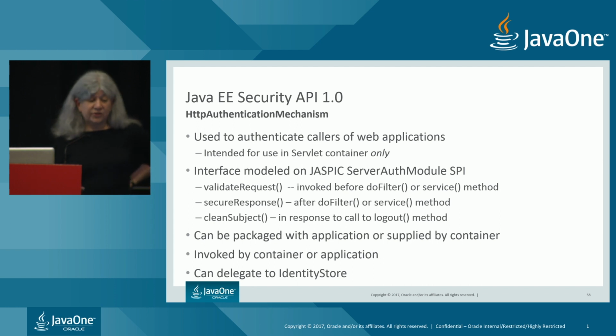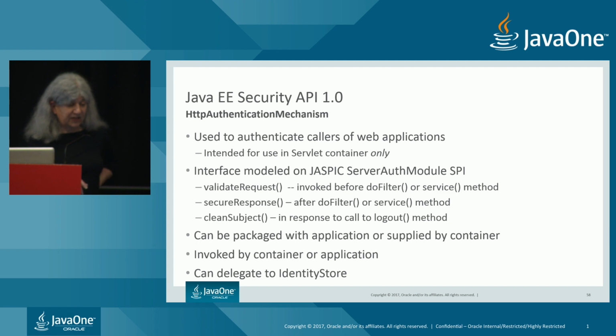Secure response is invoked, as you might expect, after, and that would allow you to do things like encrypting your response if you wanted to. Clean subject lets you clean up and get rid of any caller-specific information, cookie state perhaps, or anything else that you would not want to have propagated any further.